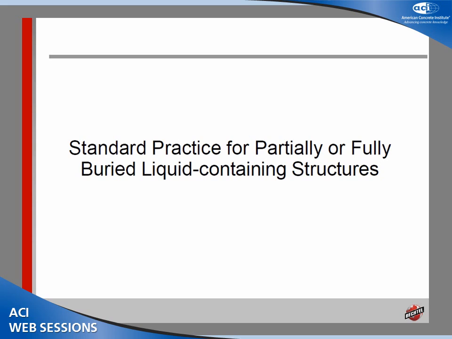And ASCE 4, which is also the standard for design and analysis of nuclear structures, doesn't really get into details of how to analyze buried structures that have liquids inside. So when we were doing the design of one of our structures, we went and looked at 350, which is produced by this committee.